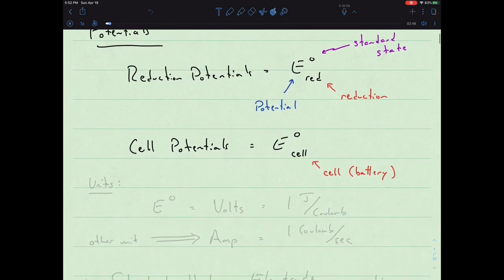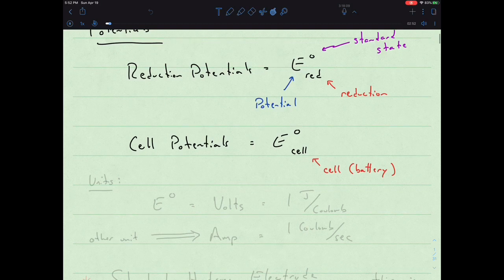So we have reduction potentials or cell potentials, and the units for this general idea of potential are volts. And a volt is 1 joule per coulomb. So there's our volt idea. That's what we're going to be using a lot in this particular section of redox chemistry.